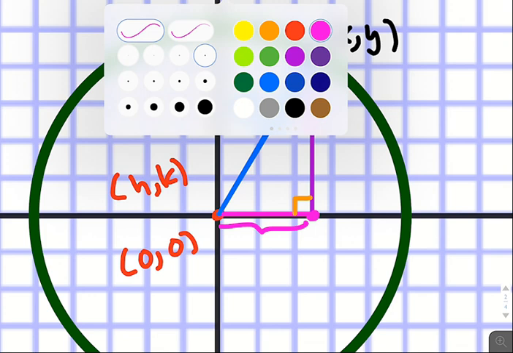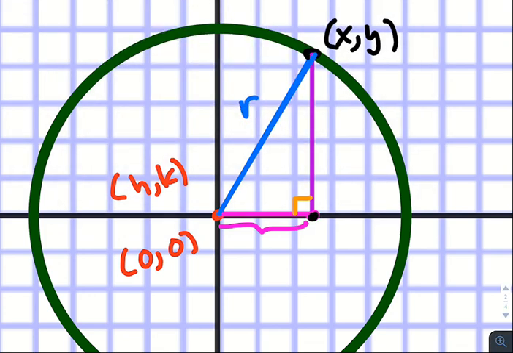I don't mean to count the grid lines, but we should notice that in terms of x values, this goes from 0 to x, which means this coordinate here should also be x, and then the y values go from 0 to y, which means the y value here should be 0, because it's still on the same flat line, and then this purple line will represent the total y change from 0 to y.